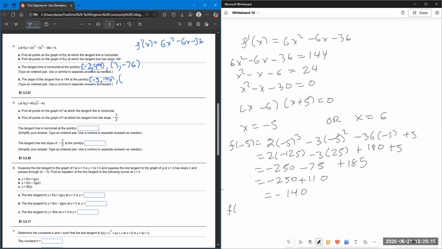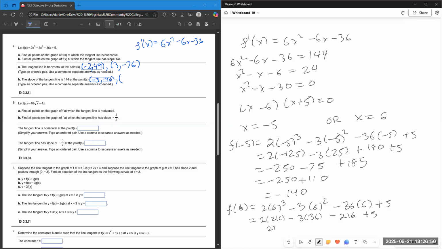Then f of 6 is 2 times 6 to the third minus 3 times 6 squared minus 36 times 6 plus 5, which is 2 times 216 minus 3 times 36 minus 216 plus 5.